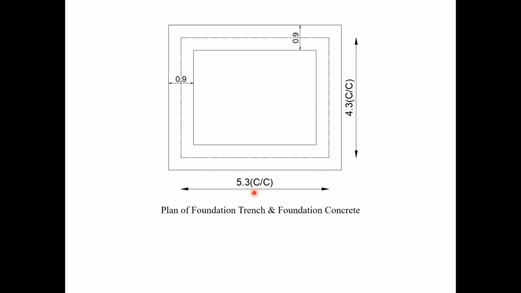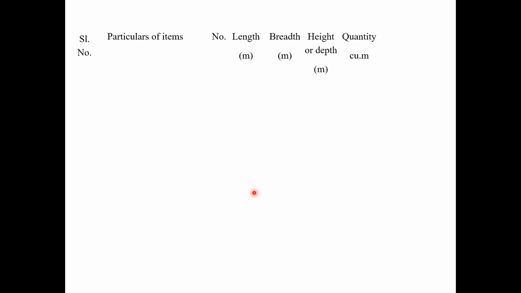So let me go very quickly to the table of contents. How do we usually proceed with the long wall and short wall method? The first column is the serial number, next is the particulars of items, then number, that is, if I have 2 or 10 such walls, I can multiply by that number, then length of each element, width of each element, height or depth of each element, and total quantity. How do I arrive at the total quantity? It is number into length into width or breadth multiplied by height or depth.